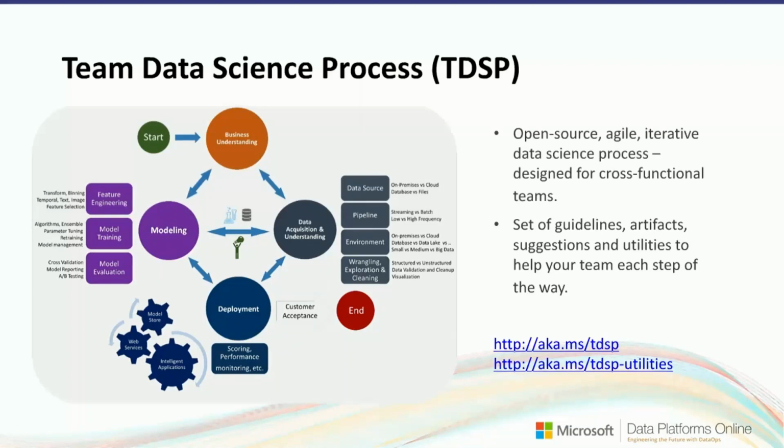The second one, the TDSP utilities, is a set of artifacts and utilities that really help unlock this. So the artifacts may include templates for report outs to your stakeholders. Utilities might include Python and R scripts that help you automate data understanding and things like that. So definitely two great resources for you to check out.